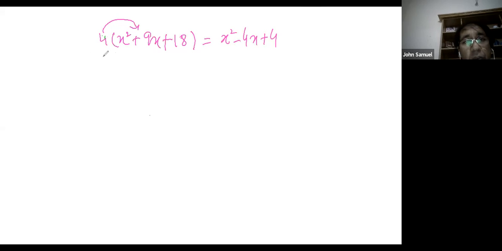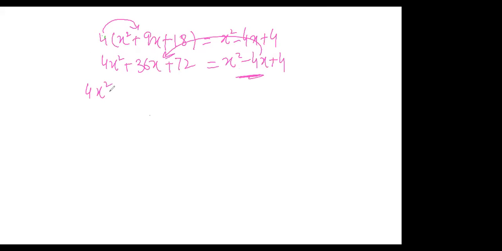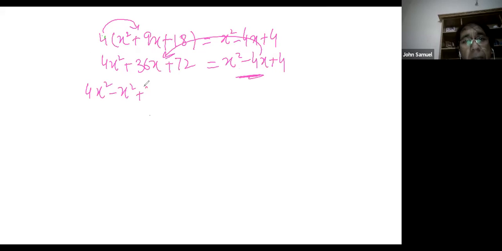So 4x square plus 9 fours are 36x plus 72 is equal to x square minus 4x plus 4. We can bring this expression here. So 4x square minus x square plus 36x plus 4x plus 72 minus 4 is equal to 0.